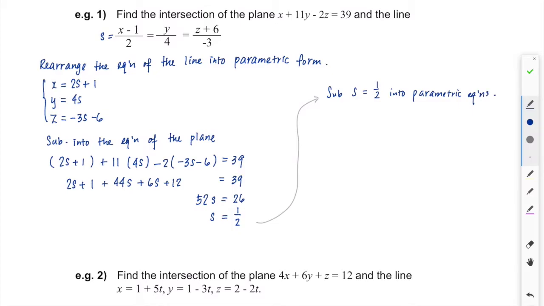Okay, so what do we have? We have x equals 2 times a half, 1 plus 1, 2. y equals 4 times a half, 2. And z equals negative 3 over 2 minus 6, so negative 15 over 2.